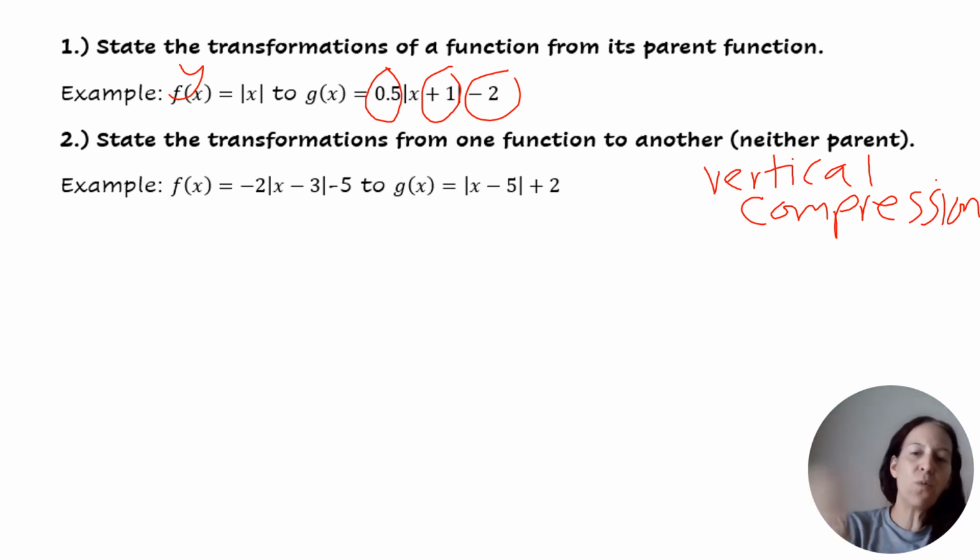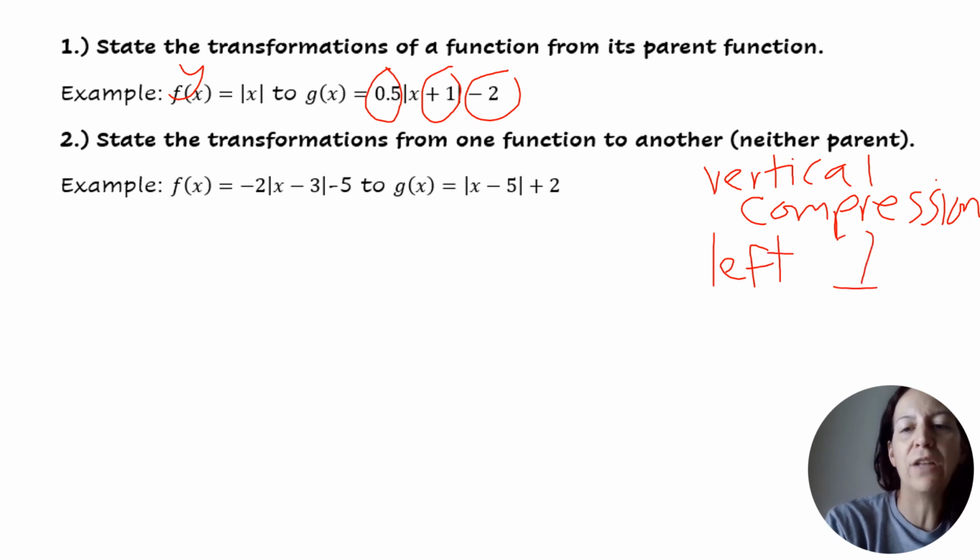If you are adding 1 on the inside, okay, adding 1 on the inside means that it is going to go left 1 unit, and you need to state the direction and how far it's going to go in that direction. And then subtracting a 2 outside the absolute value will make the graph go down 2.